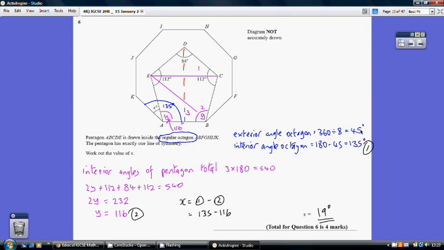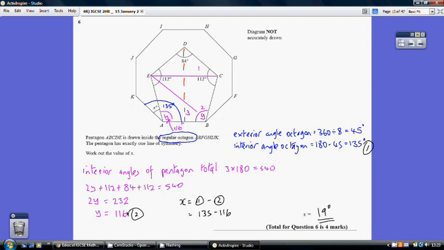The interior plus the exterior equals 180, so the interior angle of our regular octagon is going to be 180 take away 45, which is 135 degrees. So angle KAB is 135.